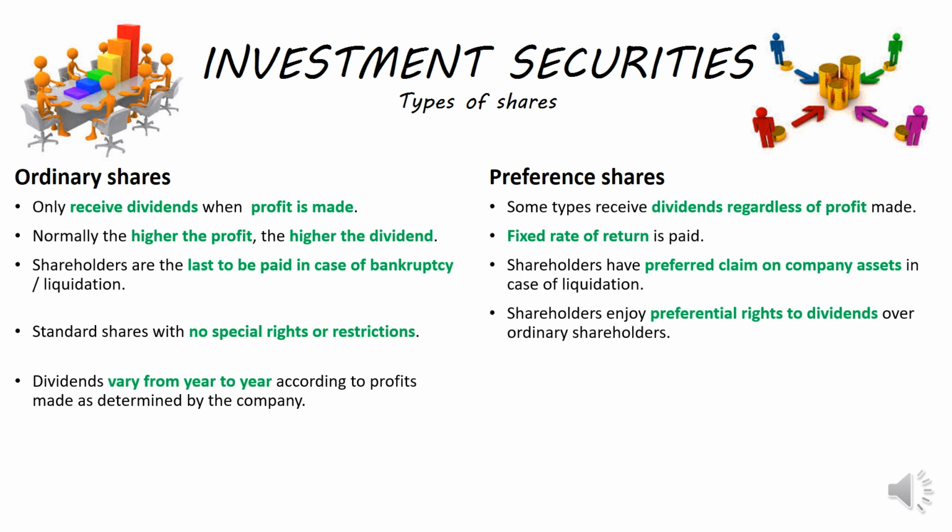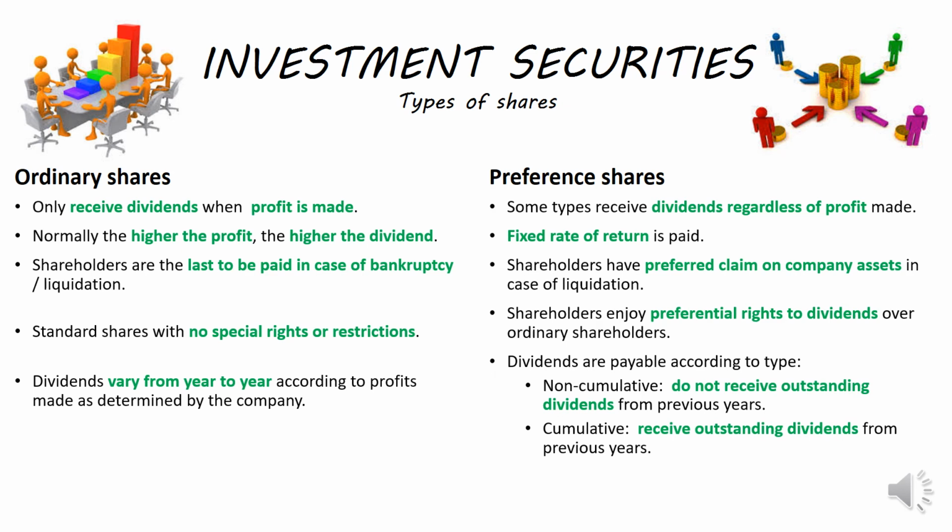Right, with your ordinary shareholders, your dividends vary from year to year, obviously because it depends on how profitable the company is. We said the more profit they make, the higher the dividend that's going to be paid out, probably. Whereas with your preferential shareholders, dividends are payable according to the type of preferential shareholders that you have.